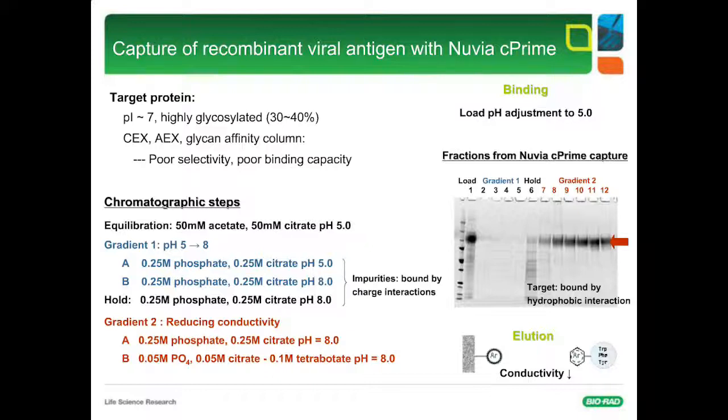So I have another question. Do you have any suggestions for separation of IgG Fab or Fc with Nuvia cPrime resin? The answer is yes. I guess it's doable. It will obviously depend. We think of these as just another biomolecule that, if we find a way to tweak the selectivity, we can certainly do the purification.